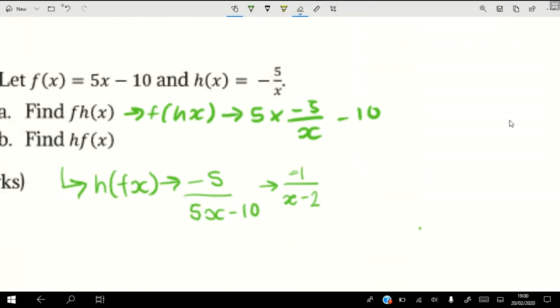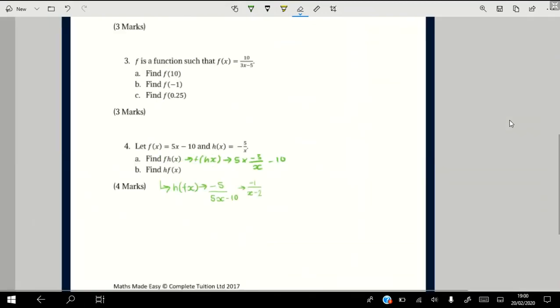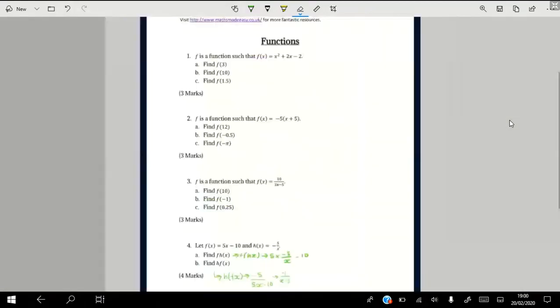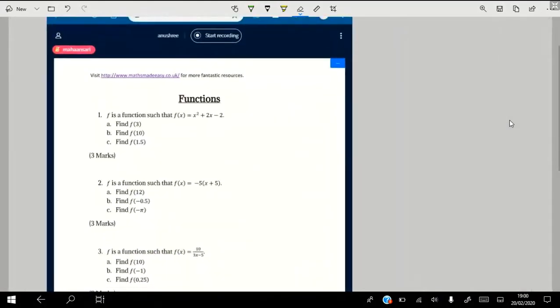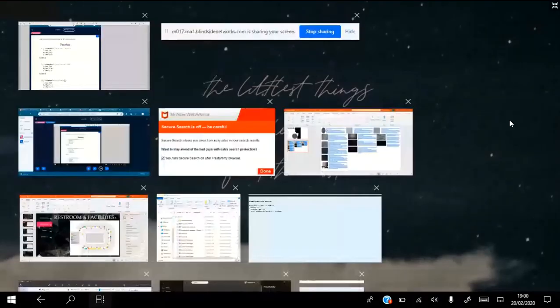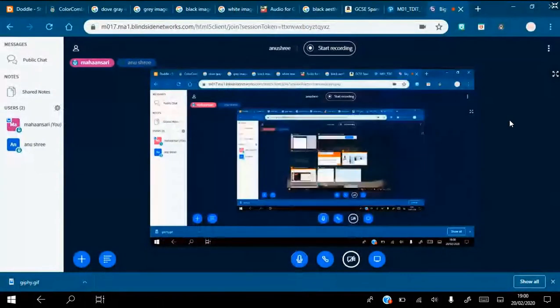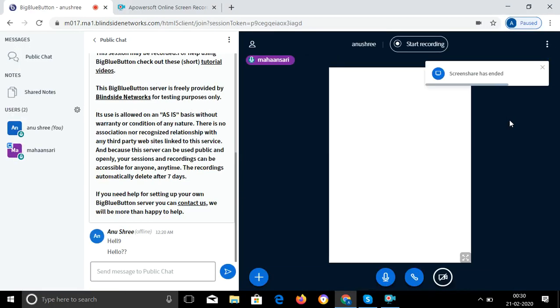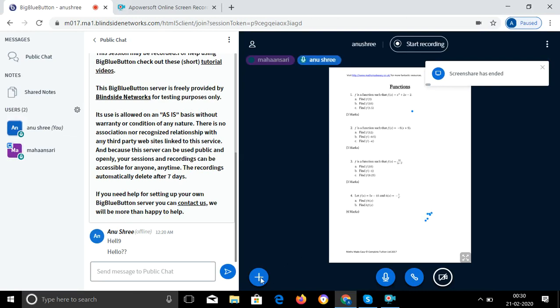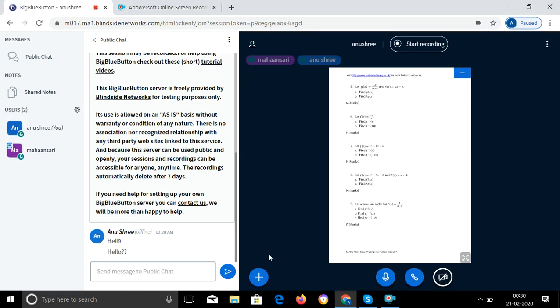Okay, same as that, solve question number 5. Question number 5. Does it go up to 4? Or have you added it to the board? Yes, I have uploaded the PDF. Oh, let me just stop screen sharing. I can't see it. In the next slide there's nothing.